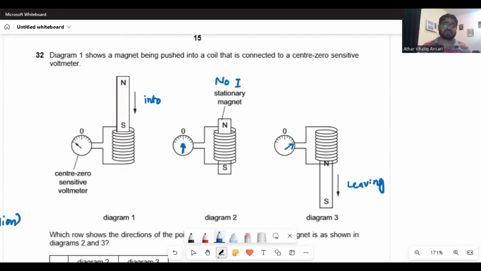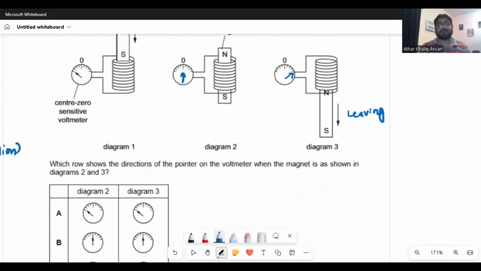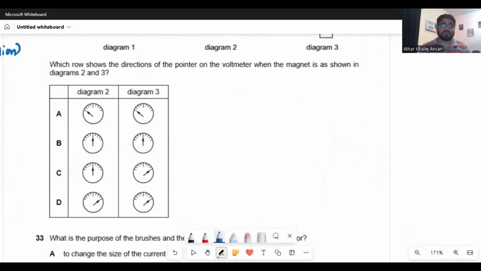So in this case, diagram 2 shows no current and diagram 3 shows current in the opposite direction. We are asked which direction the pointer of the voltmeter shows at diagram 2 and diagram 3. Diagram 2 is at center 0, either B or C, but diagram 3 is not at center, it is opposite to the initial, which was to the right, so we will make it to the left.